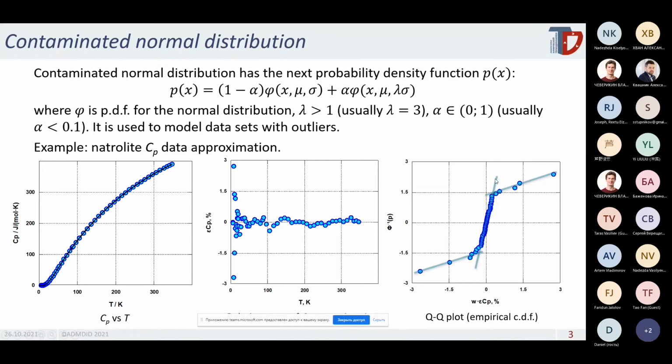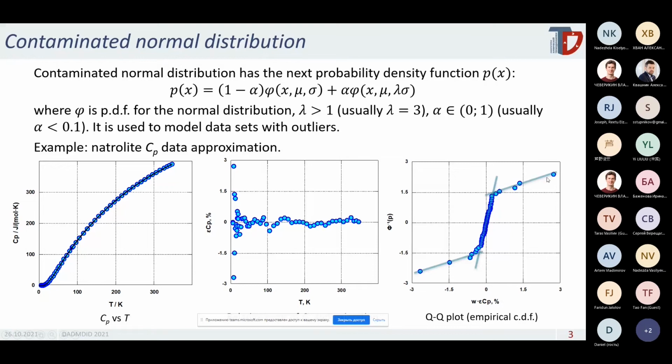The most important thing in these nonlinear coordinates is that a normally distributed data sample will look like a straight line, and we see such a straight, dense line in the center.